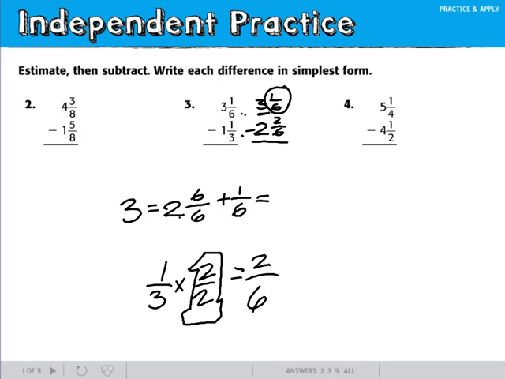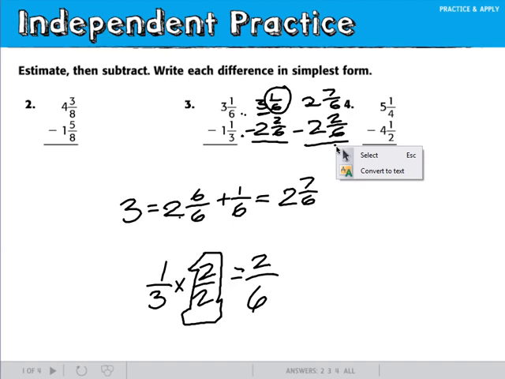That would be 7 over 6. So now I have 2 and 7/6. Okay? Now I can rewrite my problem. 2 and 7/6 minus 2 and 2/6 equals. 2 minus 2 is? What's 2 minus 2? 0. 7 minus 2 is? 5. The common denominator is 6, that stays the same. So my answer is 5/6.